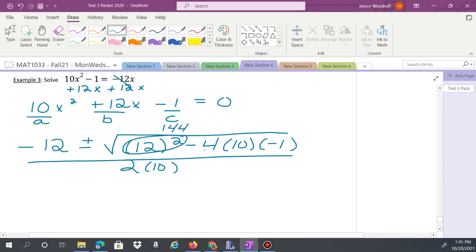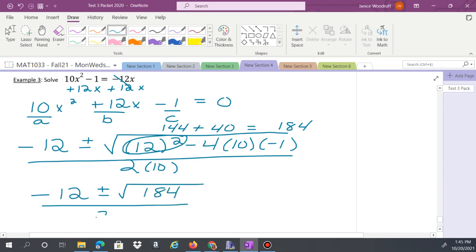And how many negatives? So this is going to be good. What is 4 times 10 times 1? 40. 144 plus 40? 184. So we get negative 12 plus or minus the square root of 184 over 20. 2 times 10 there. Can I simplify 184?